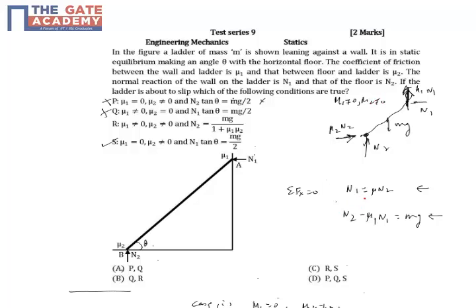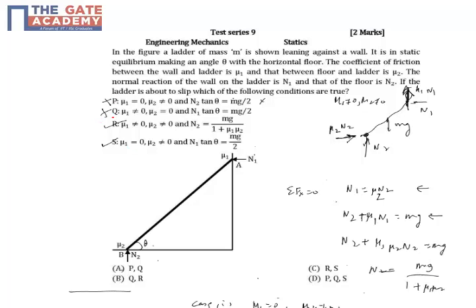Now N2 plus mu1 N1 is mg, and substituting N1 equals mu2 N2, we get N2 times 1 plus mu1 mu2 equal to mg. So N2 is mg by 1 plus mu1 mu2, so this is correct.